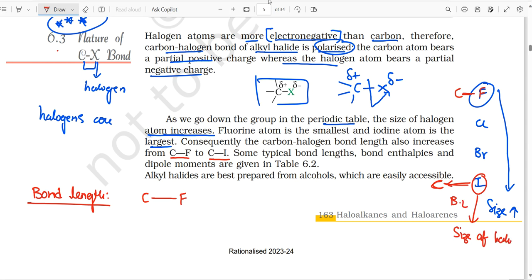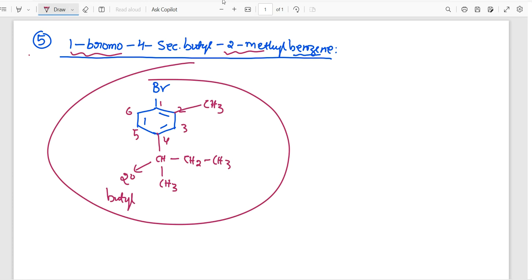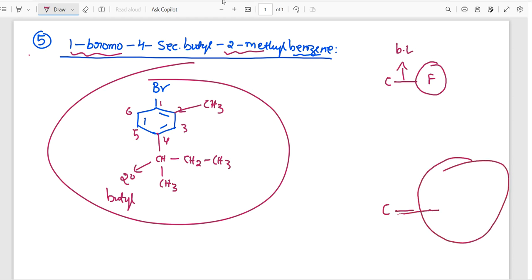Now let us understand this diagrammatically. Here is the carbon and here is the size of fluorine. This is the bond length between the carbon and fluorine. The last one is carbon and iodine. Here is the iodine size.